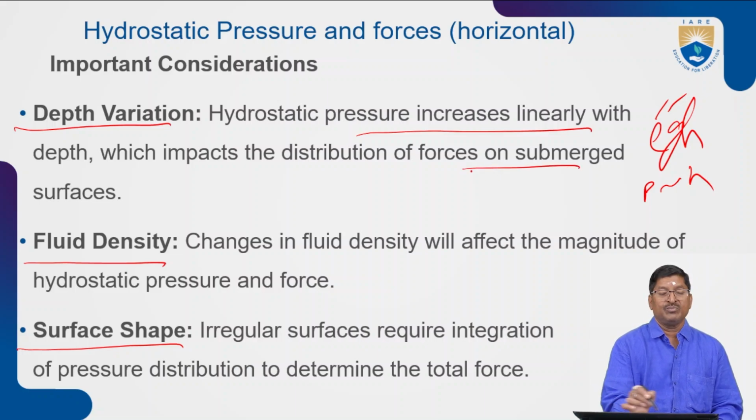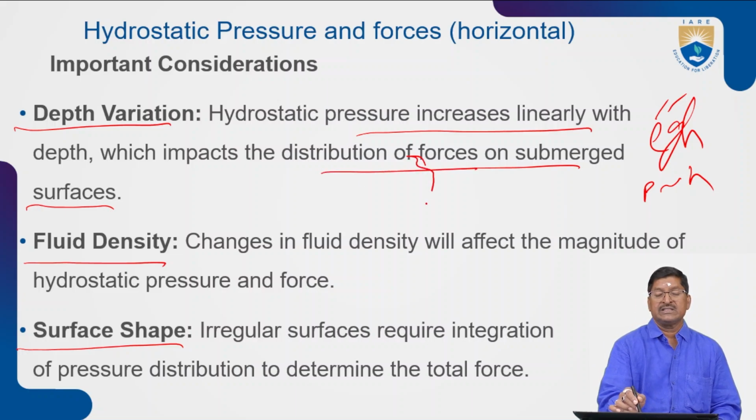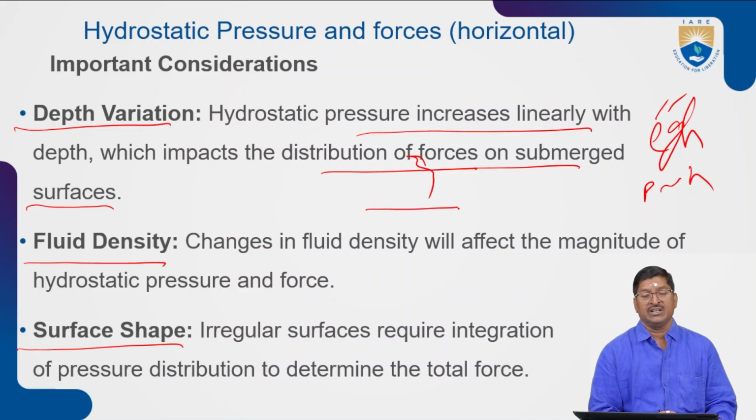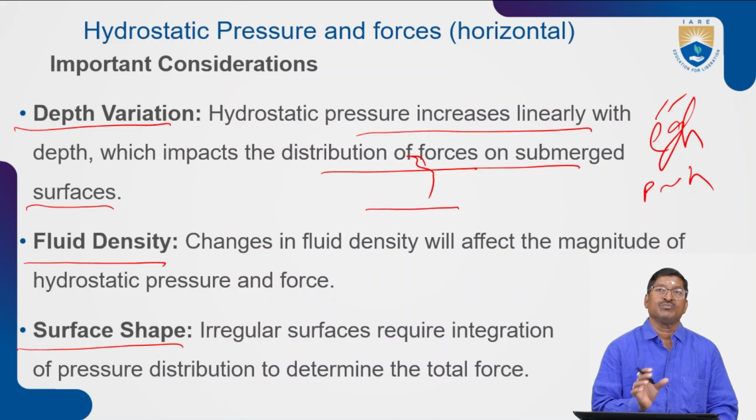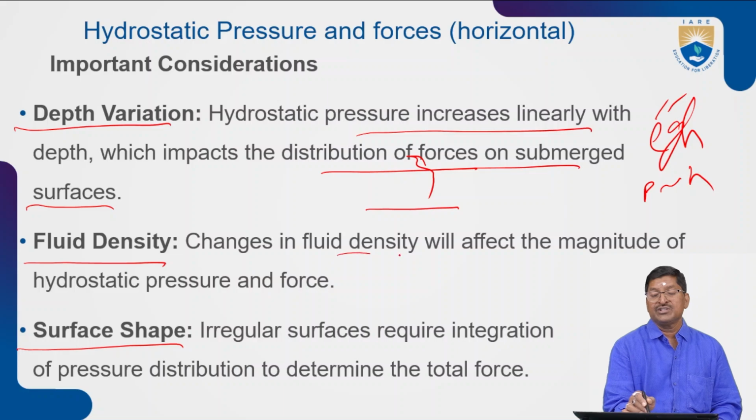A submerged surface means any object that is inside the fluid, in the water. That is called a submerged surface. Then fluid density. If it is water, it will have some 1000 kg per meter cube. Some other fluid will have some other density. So a change in the fluid density will affect the magnitude of hydrostatic pressure.